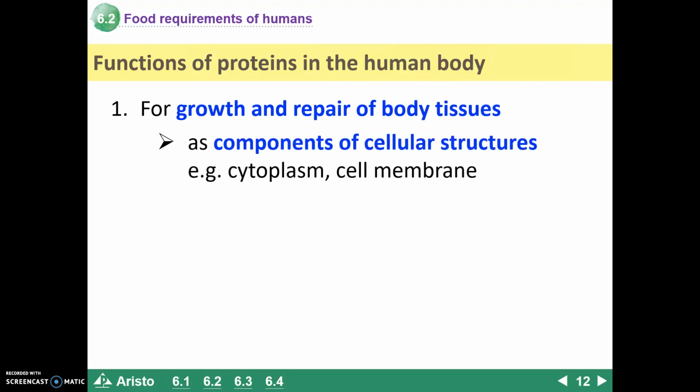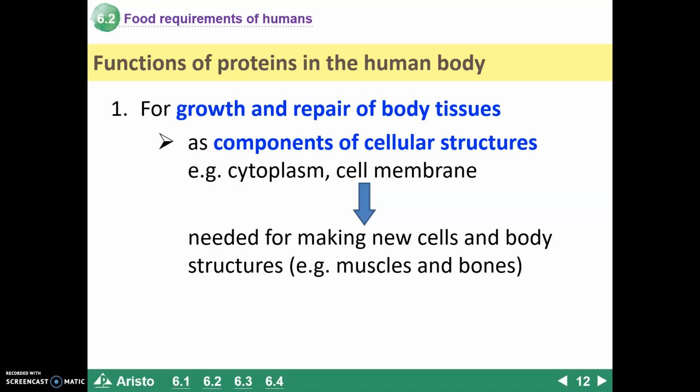For the function of protein, it is very easy because protein is used for growth and repair of body tissue: the cytoplasm, the cell membrane. They have to produce more organic matter, so we have to take in protein in order to grow or to repair.